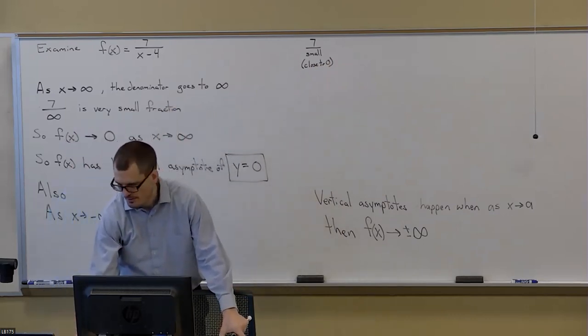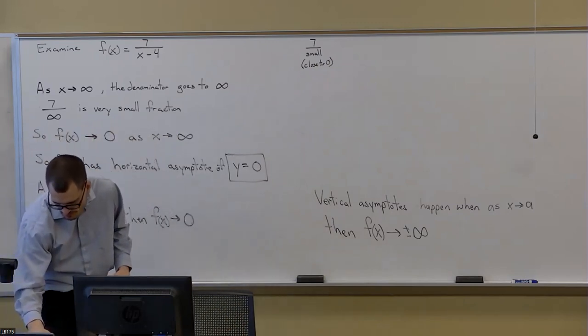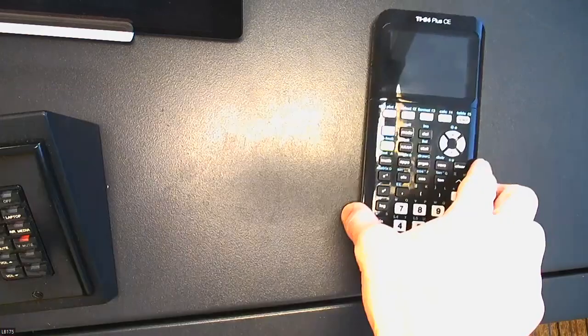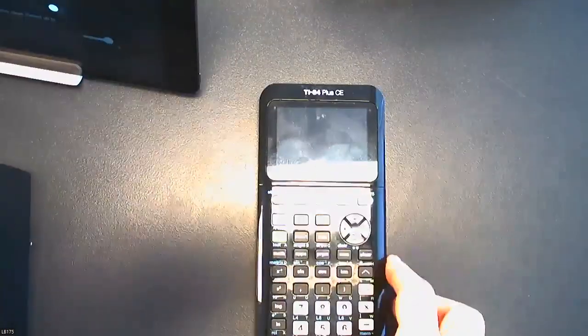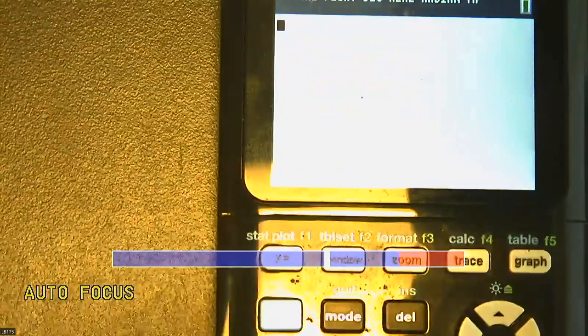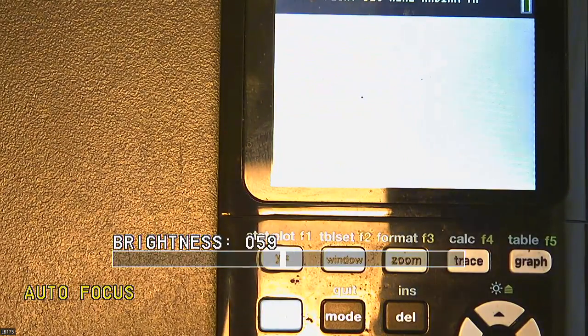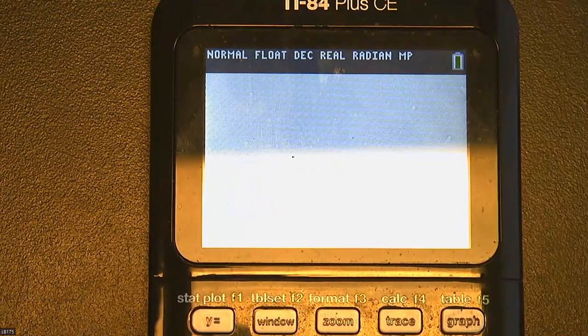So let me project this up real quick. Okay. So here's a calculator.